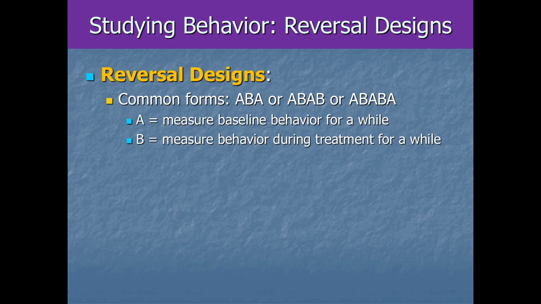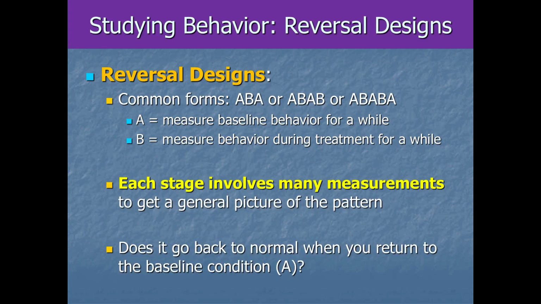Now, a key point is we don't just measure behavior one time during each baseline phase or one time during each treatment phase. That wouldn't tell us very much. So each of these phases will often involve many measurements to get a general picture of the pattern. We might even stay in that phase until we can see a very clear and consistent pattern of behavior, that is, until they've gotten into a steady state of responding, and then we can switch things up again with a reversal.